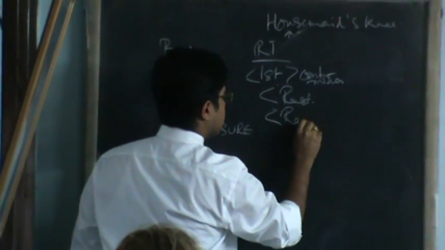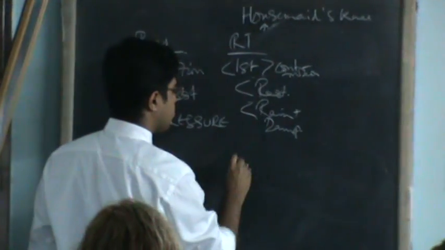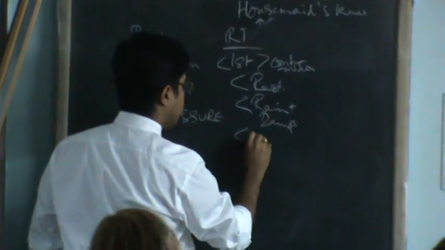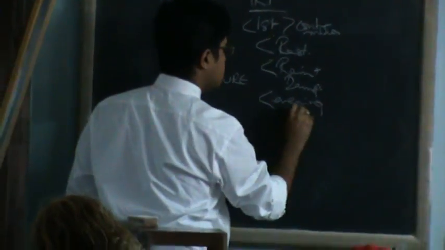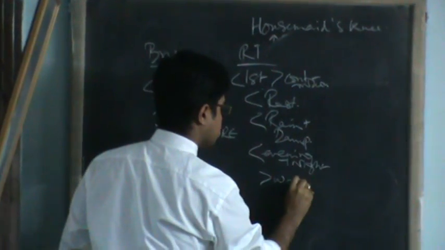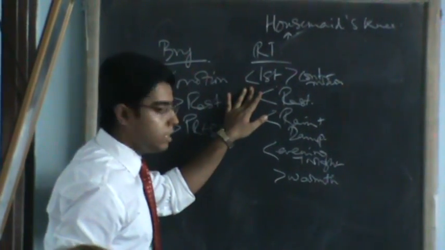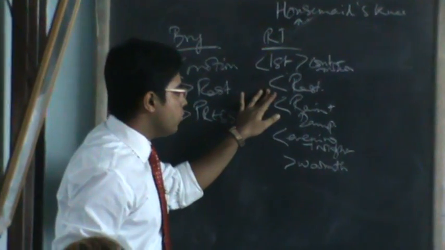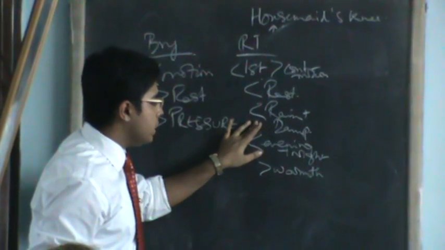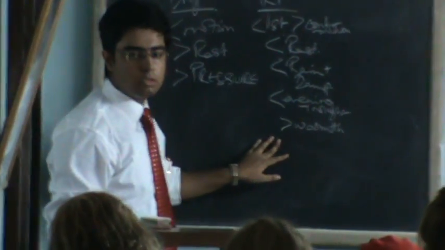We have rain aggravation, rain and damp aggravation in Rhus tox, evening and night, and better by dawn. So in Rhus tox: aggravation first motion, better continued motion, aggravation rest, aggravation rain and damp, aggravation evening, and better by dawn.